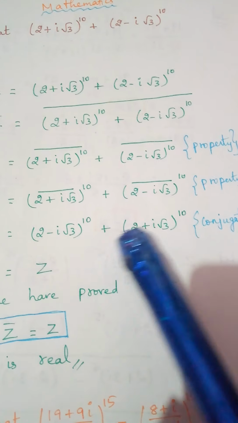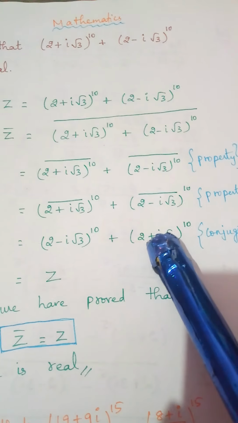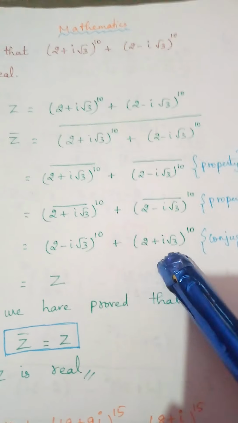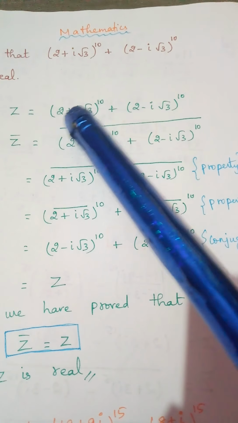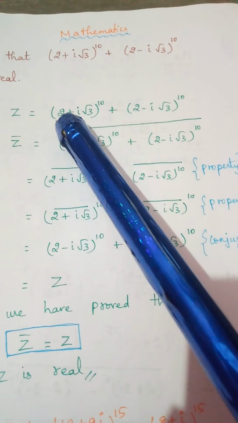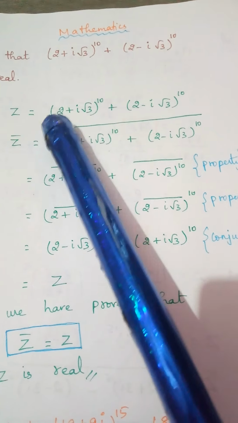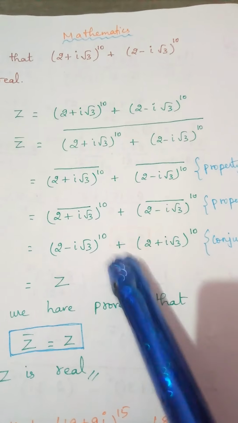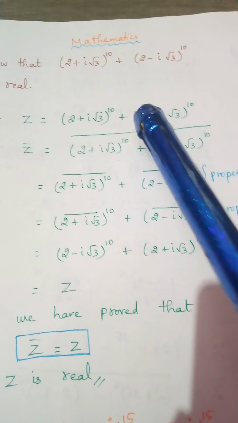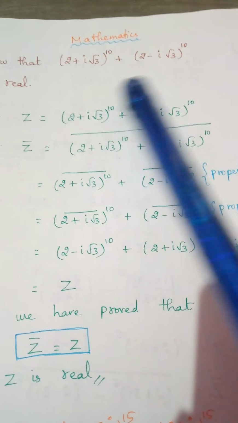Now if I see this, I am surprised that this is nothing but the expression which we have taken in the first step. See, (2 + i√3)^10 is present here, plus (2 − i√3)^10 is also present. What is the name for this?